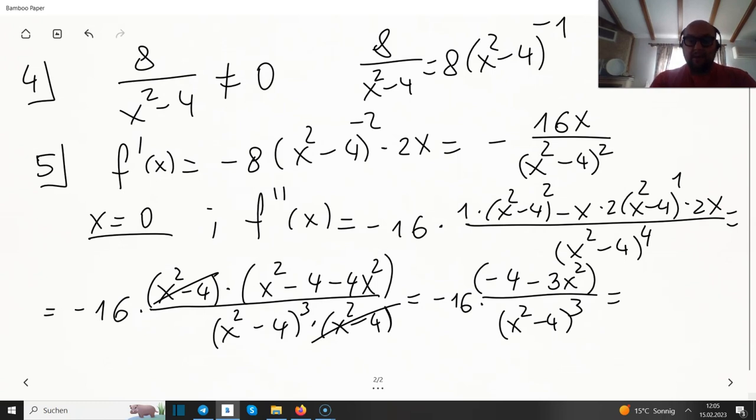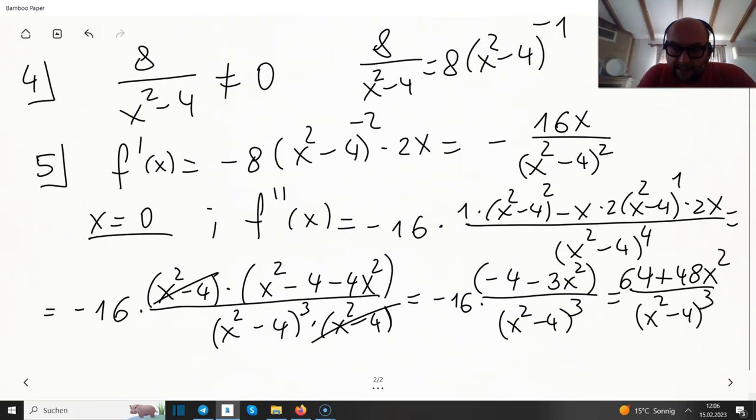So we are going to have 64 plus 48 x squared divided over x squared minus 4 cubed. I think I have no mistakes here. Let me check. Seems to be all right. Okay, I think so.